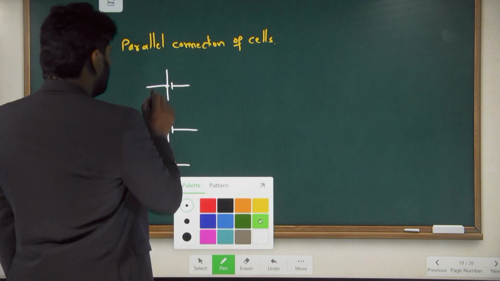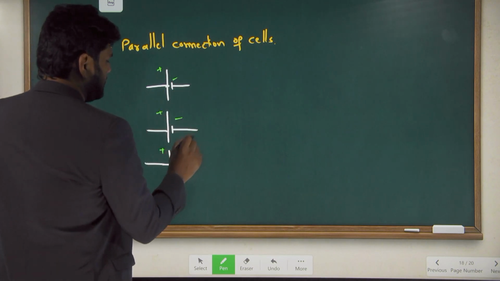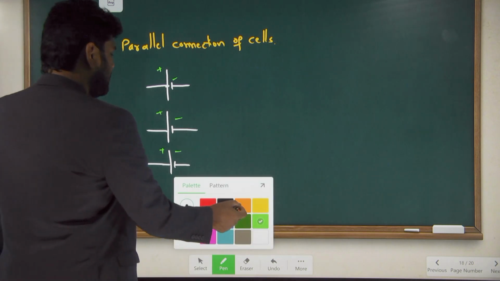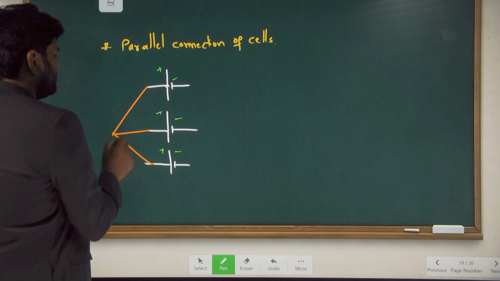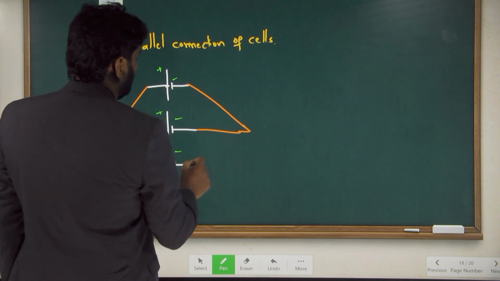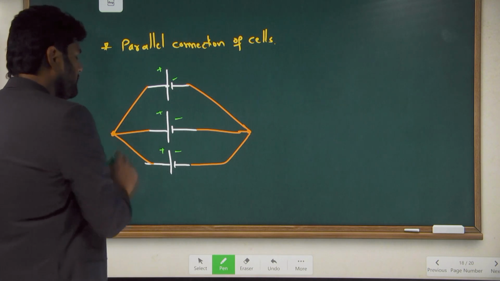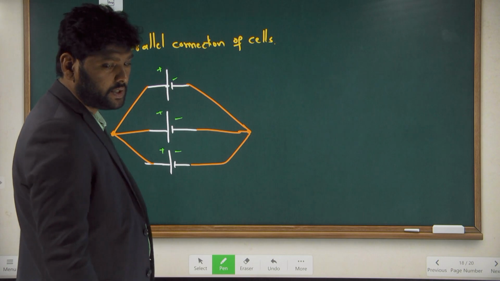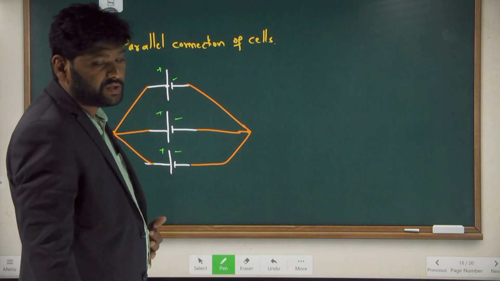Observe that this is a positive terminal, negative terminal, positive terminal, negative terminal, positive terminal, negative terminal of the batteries. Now in the connection, all positive terminals will be at one point and all negative terminals at another point. If you connect them like this, we call it a parallel connection of the cells. Understand? What is the meaning of this connection? What is the parallel connection here?